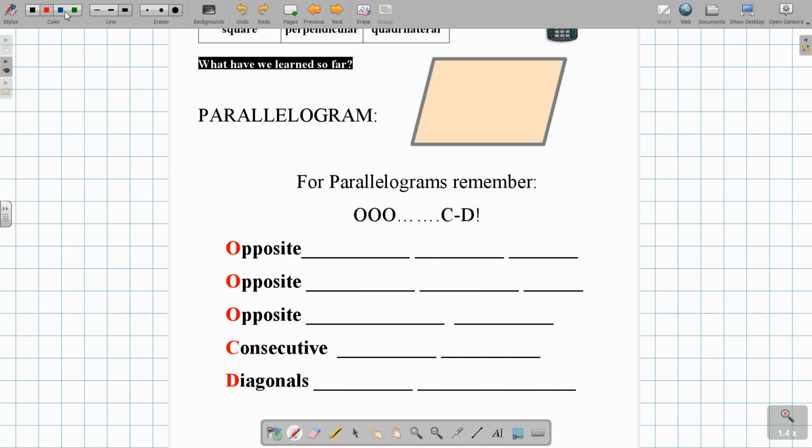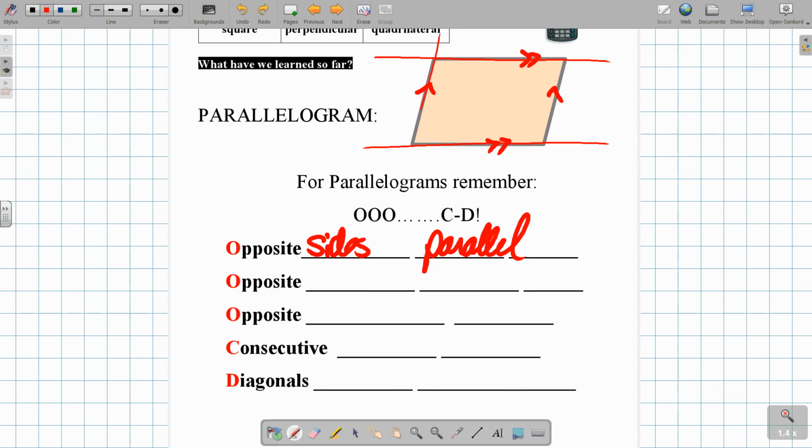Knowing that, opposite sides are parallel. Get in the habit of automatically stretching everything out, because that's how you recognize your alt-int, alt-ext, corresponding and consecutive interior angles. They're also obviously congruent in length.